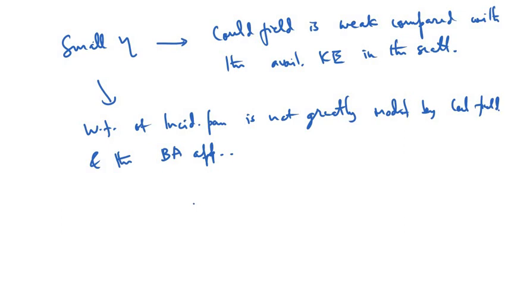On the other hand, if the Coulomb excitation is what we are primarily interested in, that is on the opposite limit, that is eta is much greater than 1, then what happens?